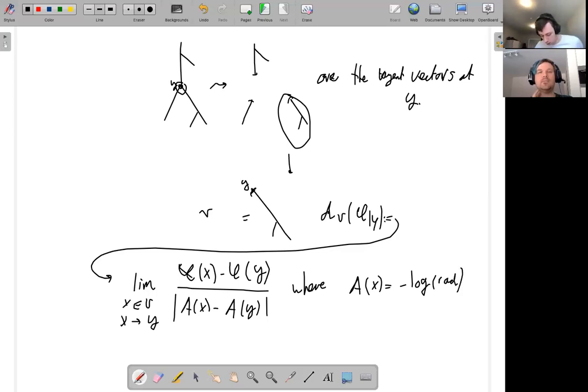I think this is the correct definition. So this was not explicitly mentioned in the article, but I think this is the standard definition for the derivative.